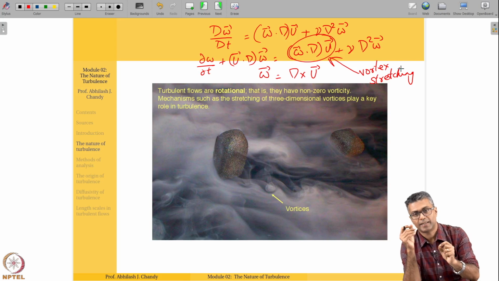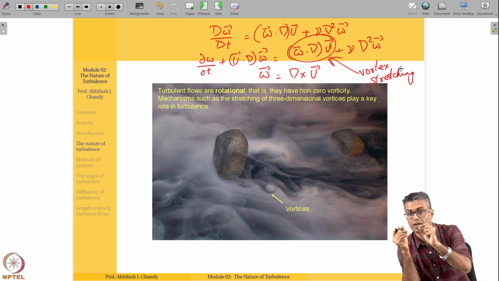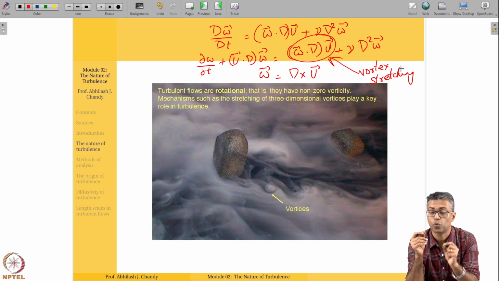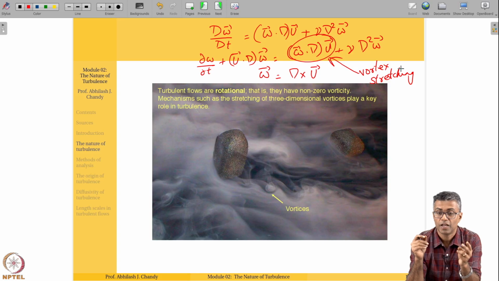And the fact that omega is a curl of velocity means that if the flow was two-dimensional, omega would only have one component, the z component.